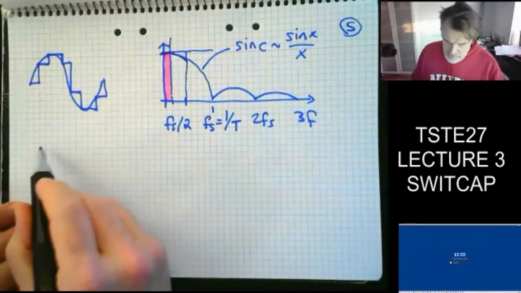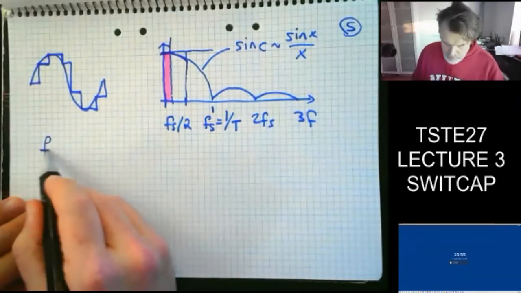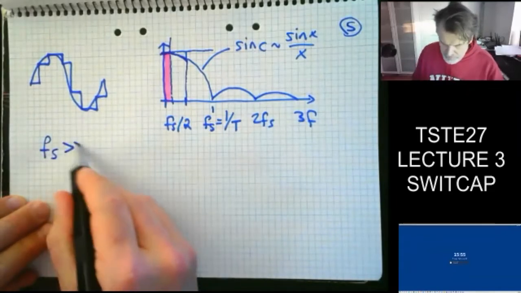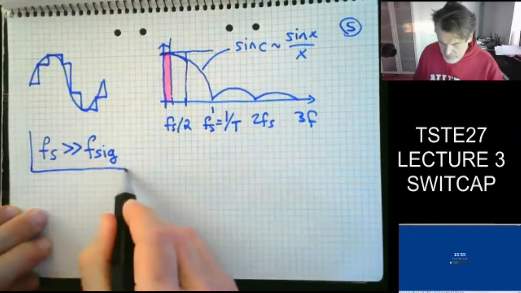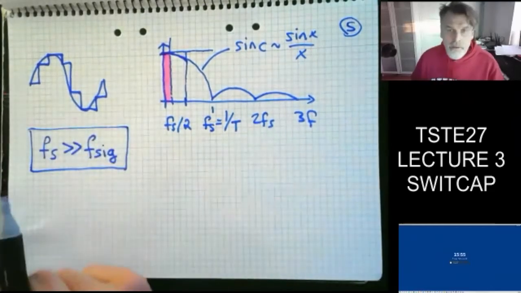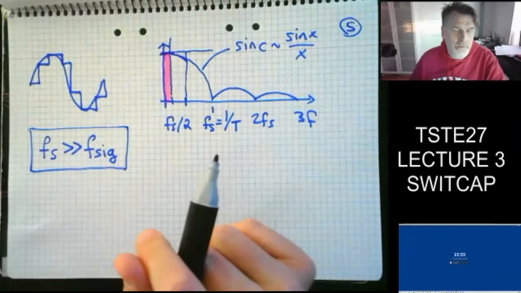So I do have a requirement that the sample frequency must be much larger than the signal frequency for switched-cap circuits, at least for this type of analysis that we do.